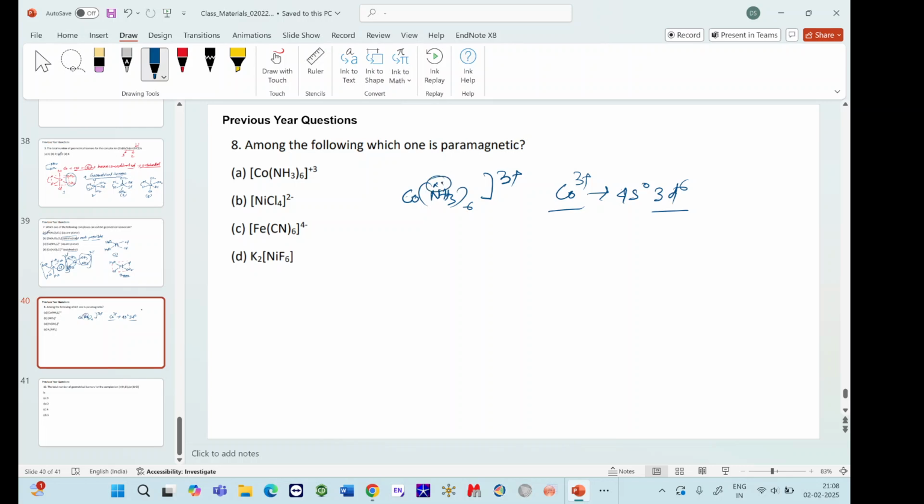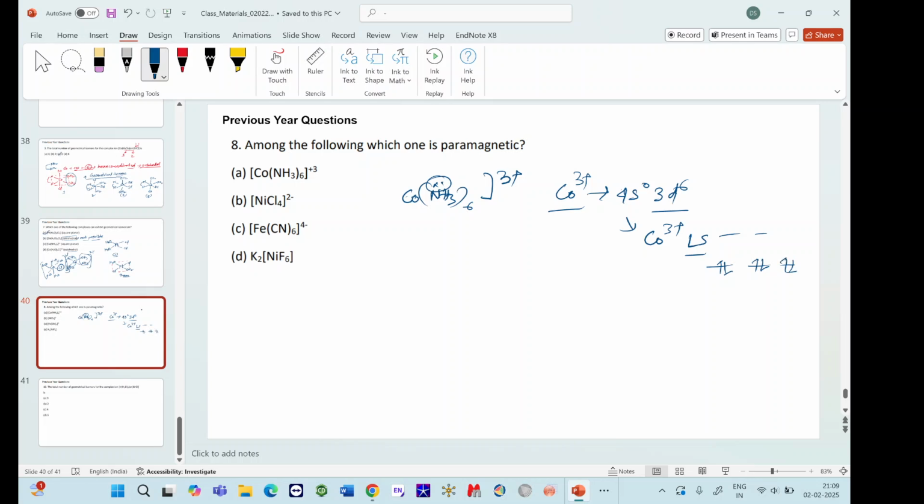Ammonia is a moderate field ligand, but for cobalt 3 plus it will act as a strong field ligand, so it will be in the low spin state. It will be like this. It will not have any unpaired electrons, so it will be low spin.